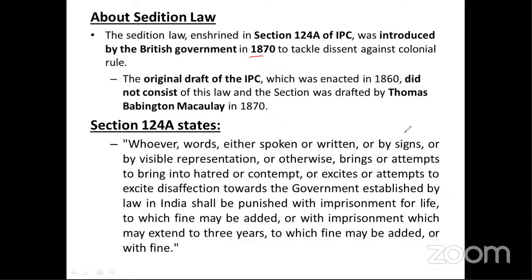Now, what does Section 124A, the sedition law, state?